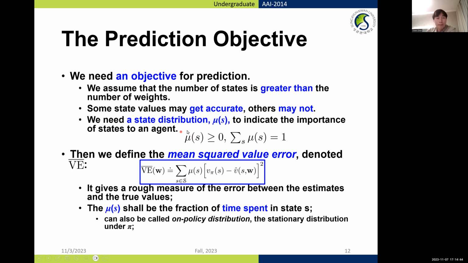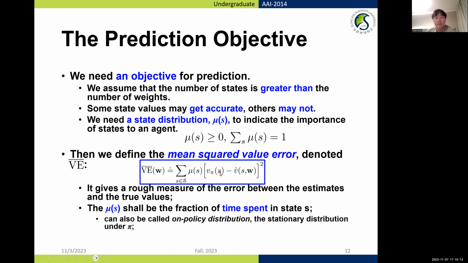So in this case, we can sacrifice some states, but put higher priority on other states that are important to us. Then we define the mean squared value error, denoted VE bar. VE bar of W is defined using mu s for the importance, because this is the probability.